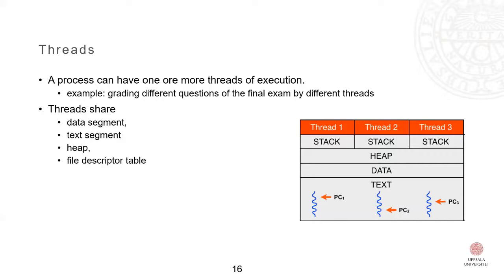But there are some things that are specific to each thread. For example, each thread has its own stack, and it also has its own program counter, or PC, because different threads can execute different parts of the program. They are given this freedom so that they can move as freely as they could, and they speed up execution of the whole program.